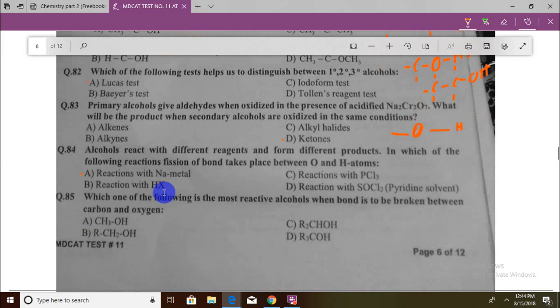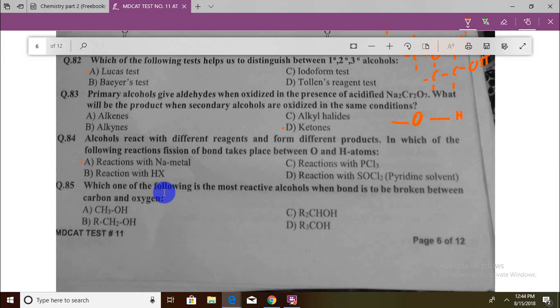So which one of the following is the most reactive alcohol when the bond is to be broken between the carbon and the oxygen? In this case, the one that is tertiary will be the most reactive because the resulting carbocation when tertiary is the most stable. So this is the answer.